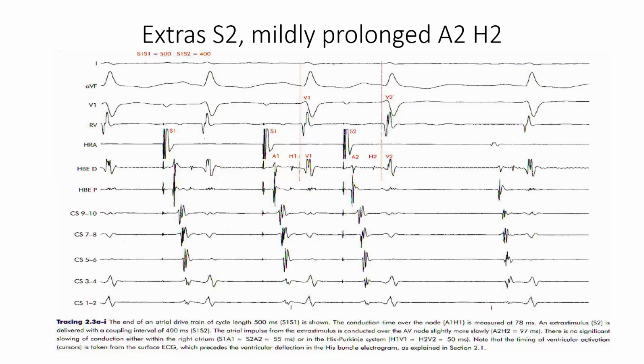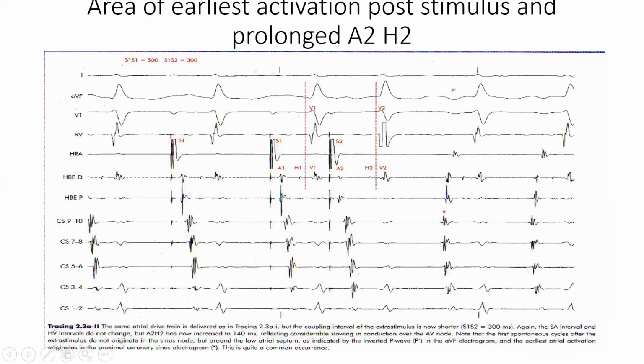Yes, sir. Okay, good. So when we are doing that pacing, we can now check the conducting property of the AV node. So we give you an example here. We can see our pacing. They started pacing at 500 milliseconds here, and in the upper corner, the S1 is at 500 milliseconds.